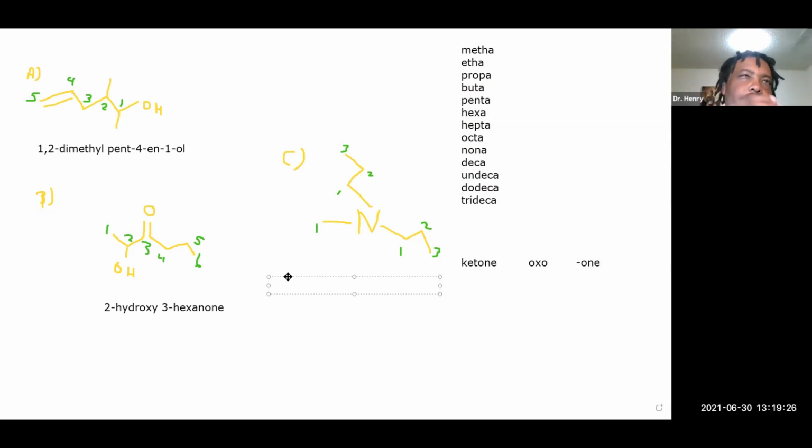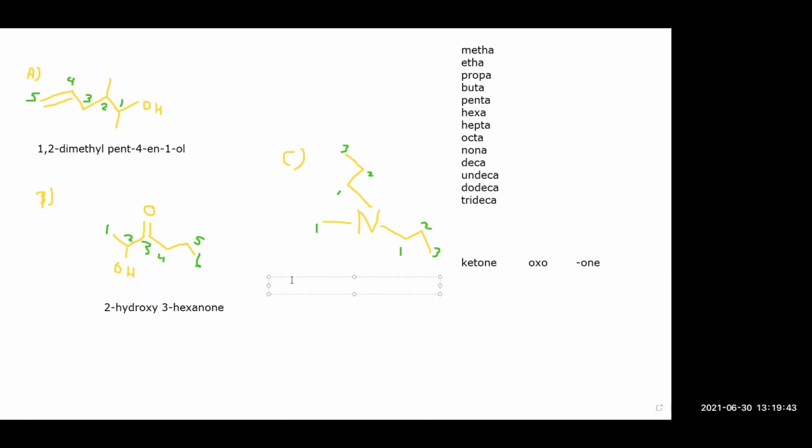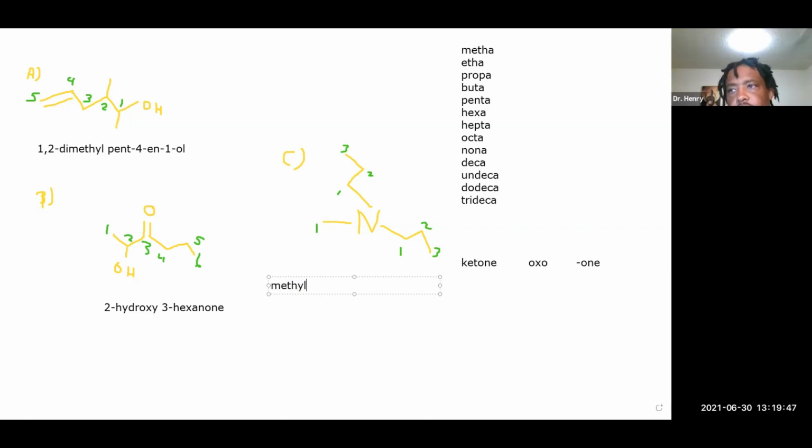So it's kind of like having a whole bunch of branch chains hanging off of the end. So how would we name those branch chains hanging off? If this is a 1 carbon chain, it's called what? Methyl. Okay. And if it's a 3 carbon chain, it's called what? Propyl.